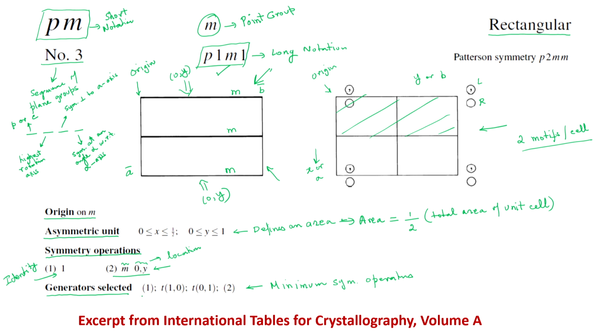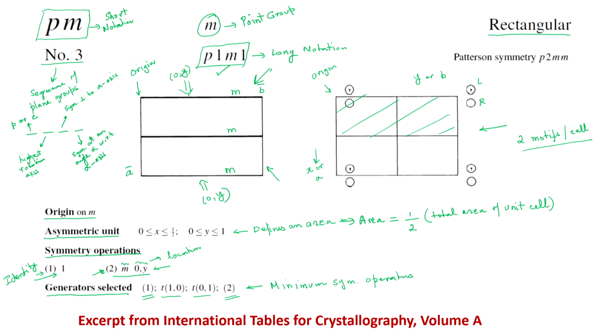So, this one is representing this symmetry operation, operation number 1. These are the translations: one is along A, the other is along B. So, T 1 comma 0 is along A, T 0 comma 1 is along B, and this is the second symmetry operation, number 2 listed here, which is the mirror operation. So, with this minimum set, I can generate the entire plane group, you may say.